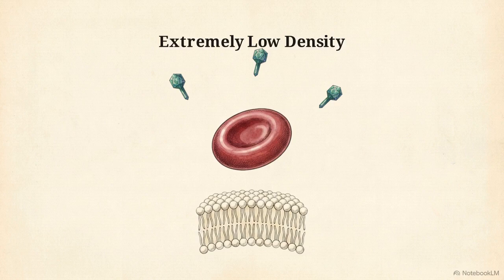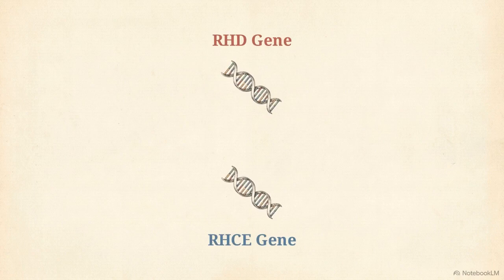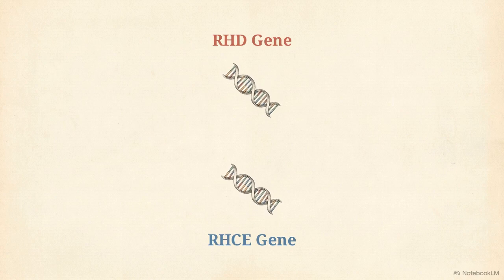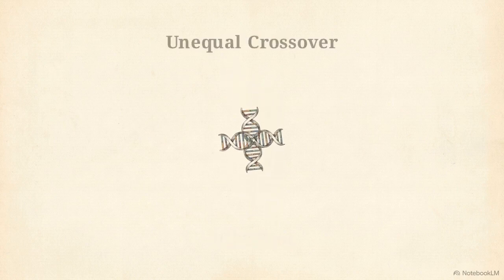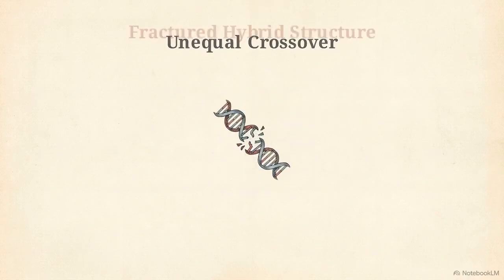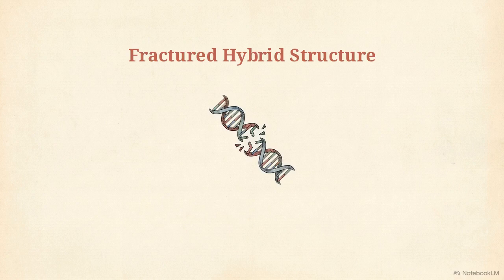In African diaspora populations, a third architecture emerges. Standard tests often mask complex RHD pseudogenes and RHD-RHCE hybrid genes. Because RHD and RHCE share extreme sequence similarity, they are prone to unequal crossover, exchanging genetic material to form fractured hybrid structures.